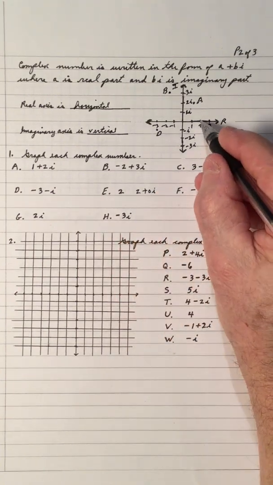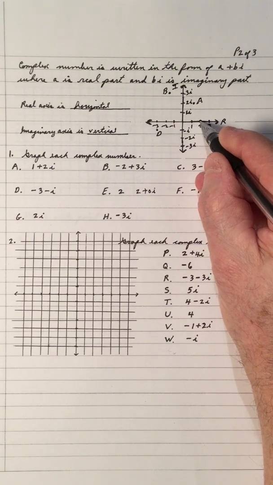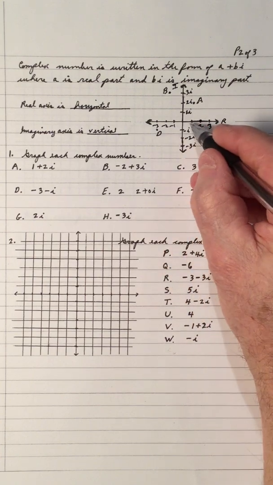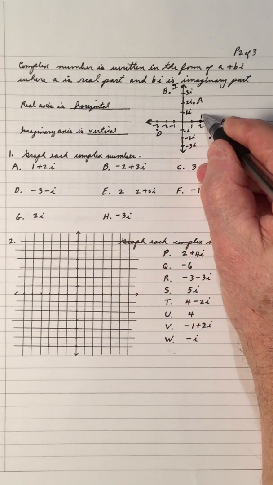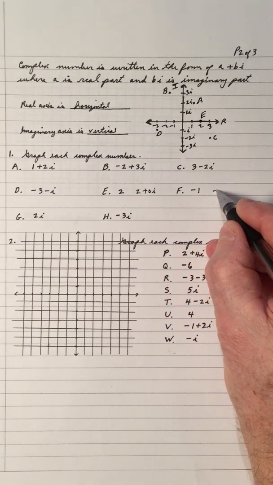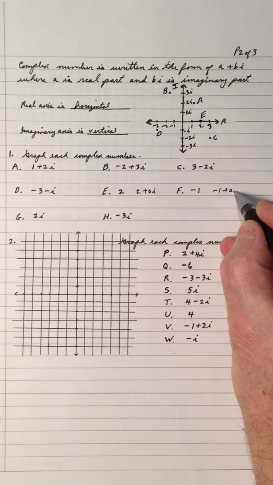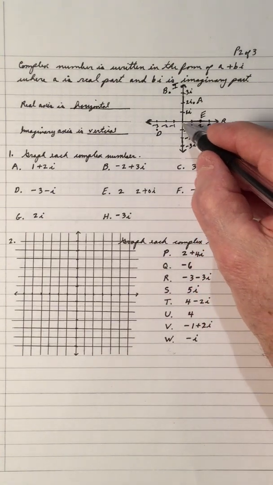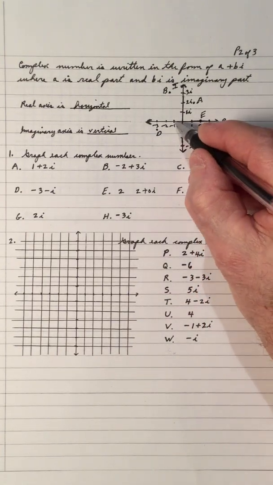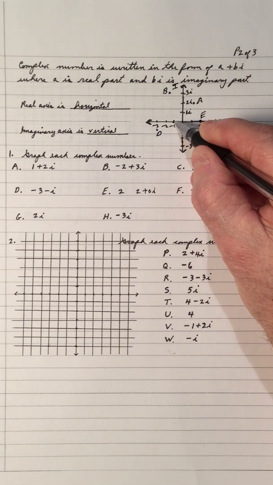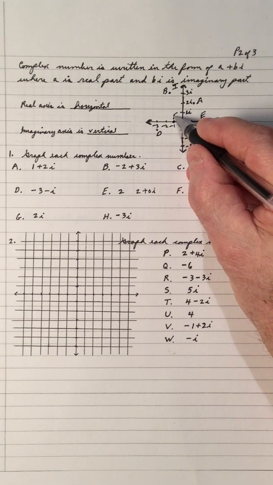So 2 on the real is right there, 0 on the imaginary axis. So that's E. And F is -1, so that's -1 plus 0i. Again, there's no imaginary part, so the real -1 is right there, and you don't move up or down. That's F.